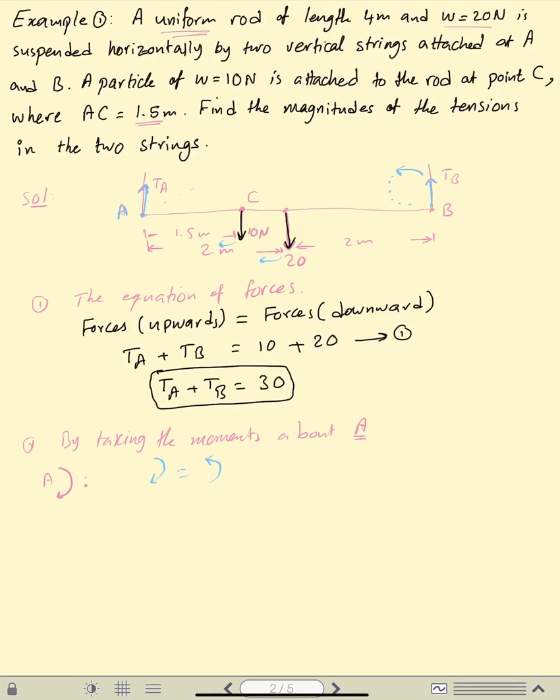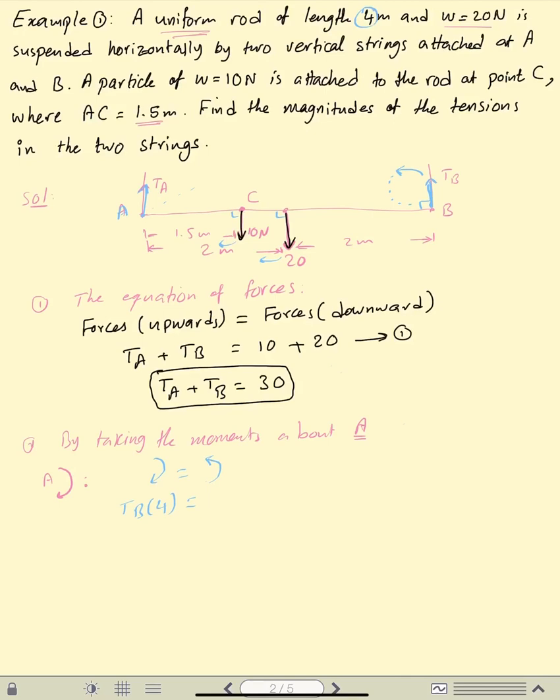So TB, force, times the distance from the force, and remember this is at 90 degrees of course, is 4, which is the length of the rod, so times 4 is equal to, we have two forces whose moments are anti-clockwise.